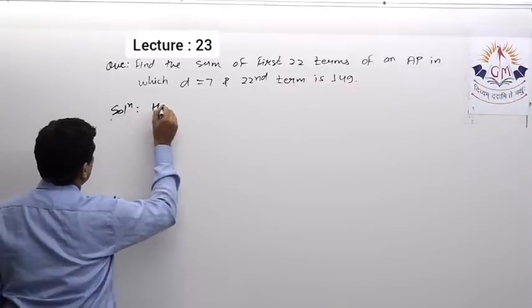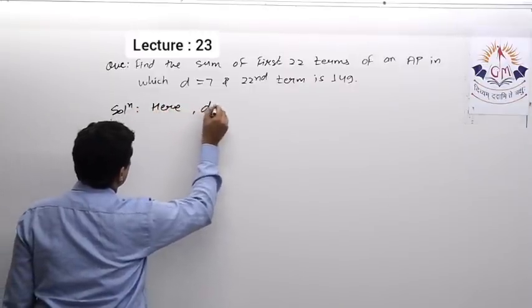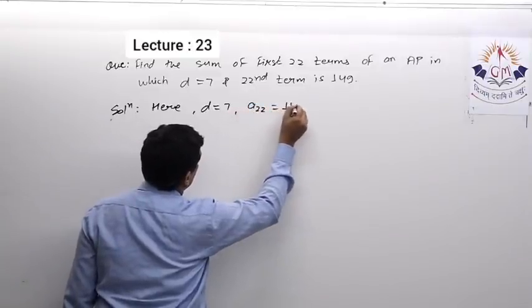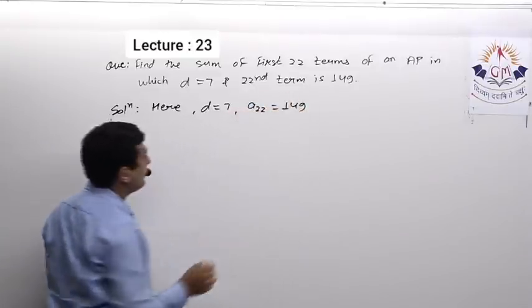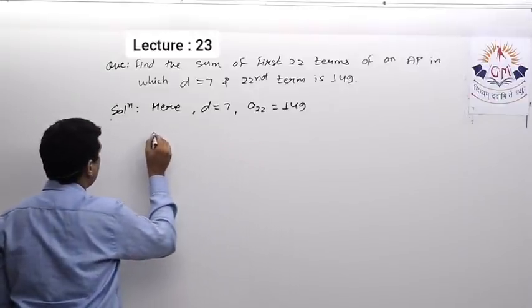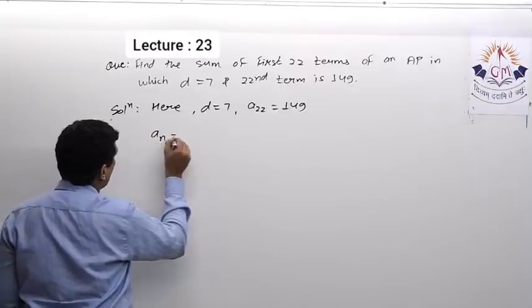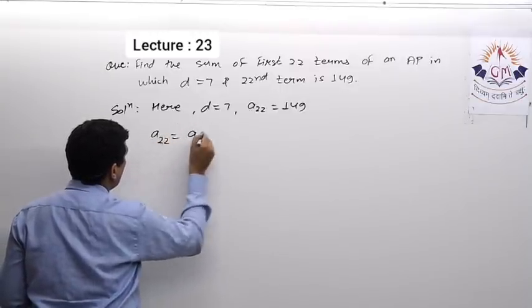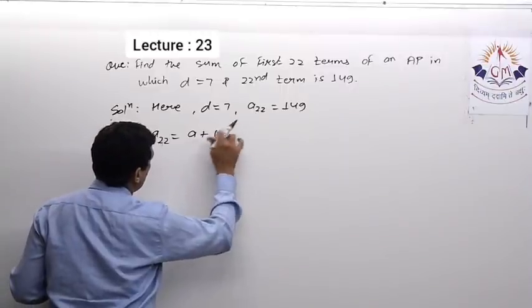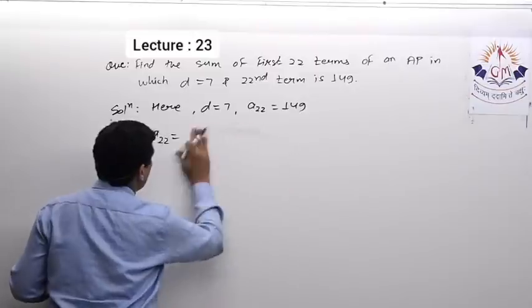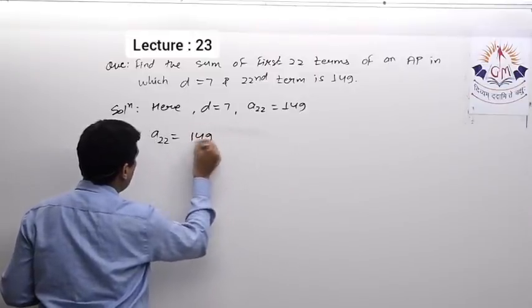Solution here. d is 7, a22 is 149. This will help us to get the value of a. So a22 is equal to a plus 22 minus 1 into d, which is equal to 149.